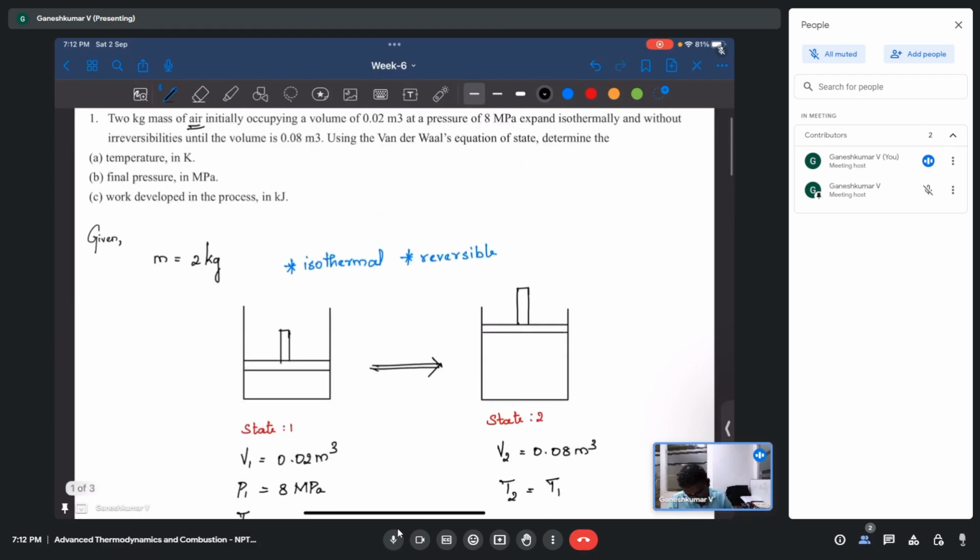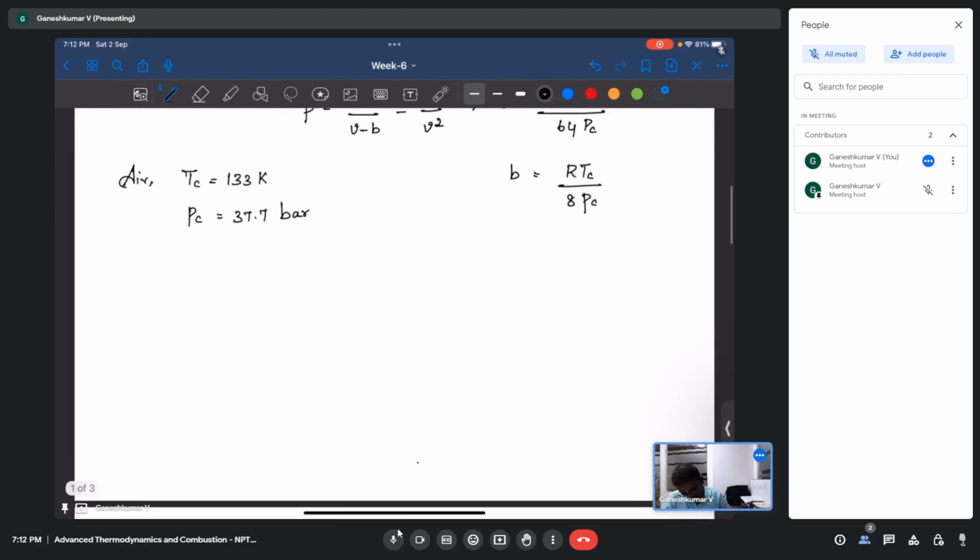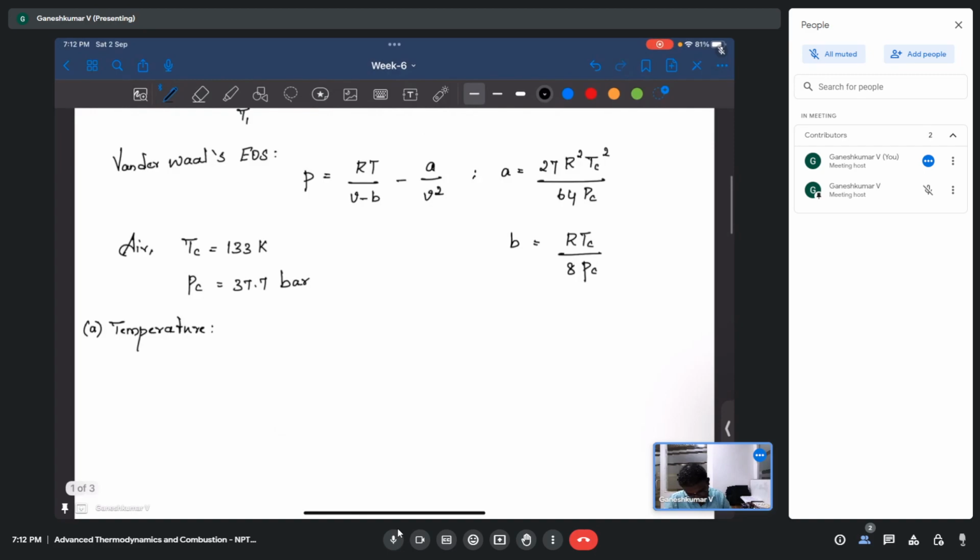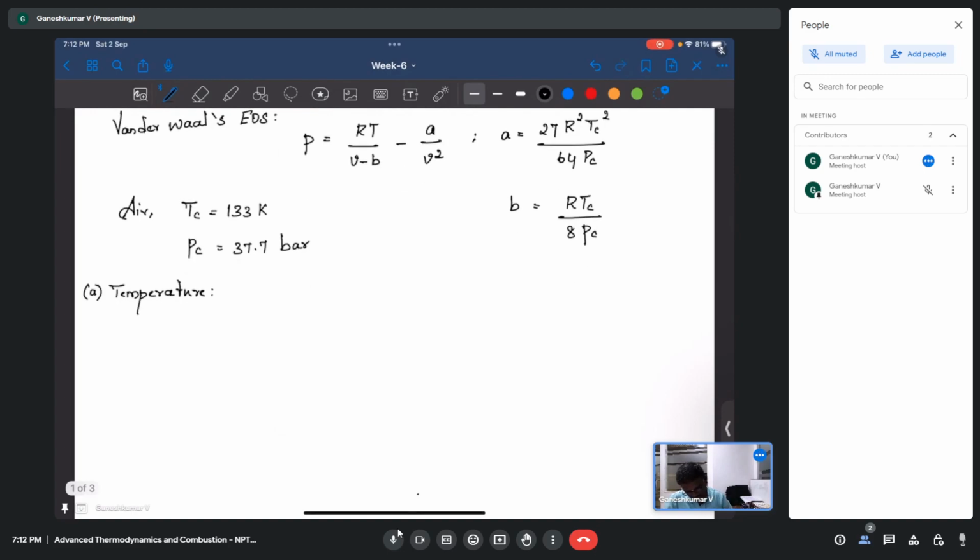Let's first find the temperature. Before that, let's find a and b so that it simplifies our calculation. a is going to be 27 into R squared, where R is the universal gas constant, 8.314 joules per mole Kelvin, times 133 square divided by 64 into 37.7 into 10 power 5, since it's in bar and you just need to multiply by 10 power 5.